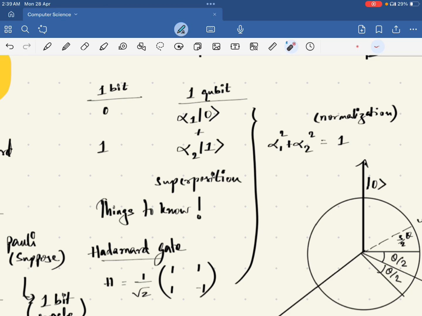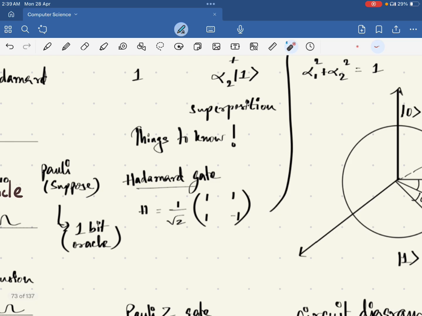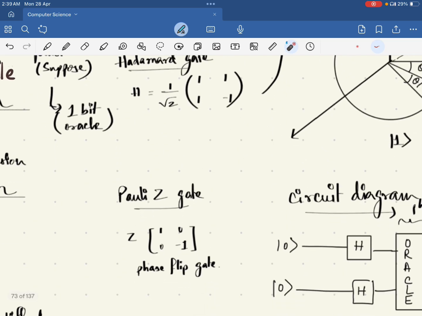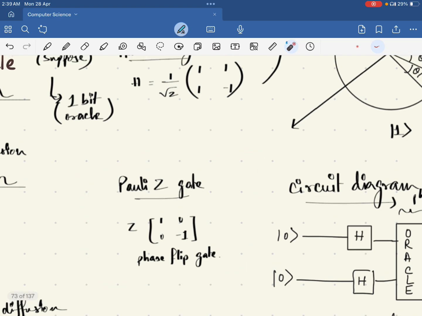So it's a must for the superposition. Yeah, so those are some basics of quantum which we need to know before jumping in. Also, I forgot about these. There are two gates, the Hadamard gate and the Pauli Z gate, which we need to know. The Pauli Z gate is like the NOT gate from the classical world, which transforms 0 to 1 and 1 to 0.